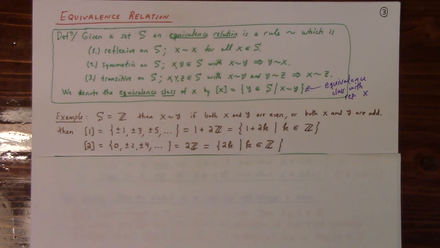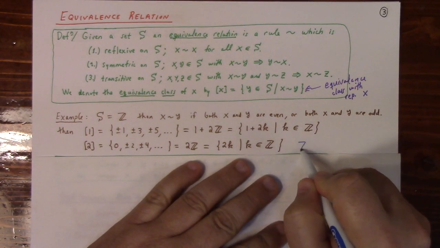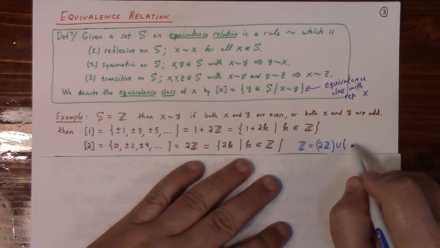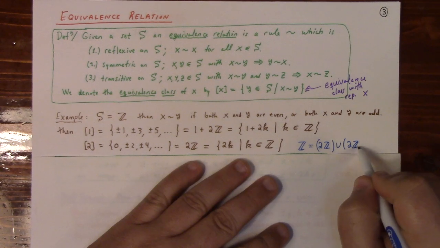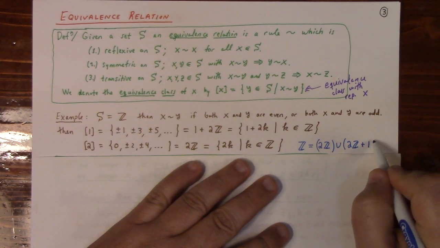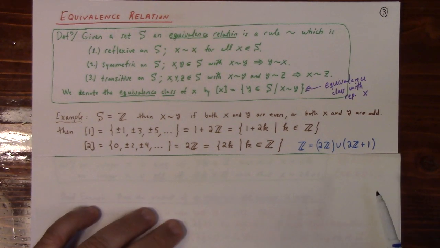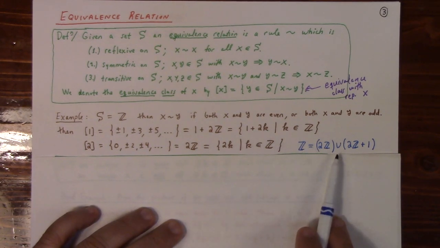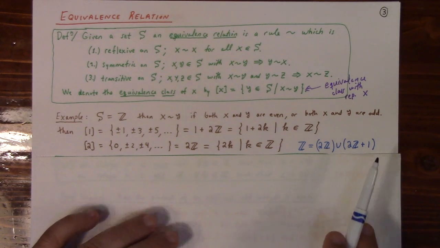The way I could say that here in terms of an equation is that the integers are equal to the even integers union with the odd integers, which I could either write 2Z plus 1 or 1 plus 2Z. It's up to you whether you want to write the plus 1 before or after. The addition is commutative here, so it doesn't make a difference. By these I mean this set right here and this set right here. These are disjoint sets which cover the whole of the integers.